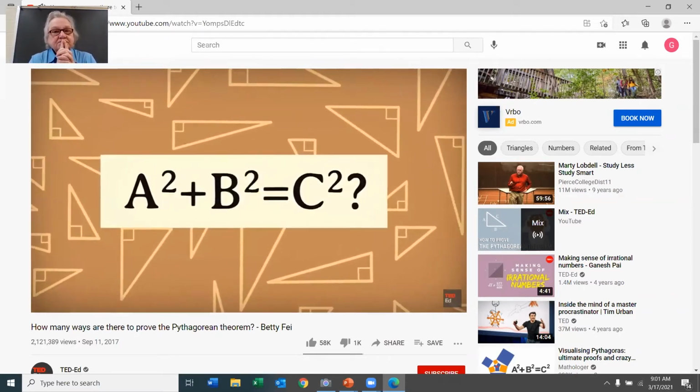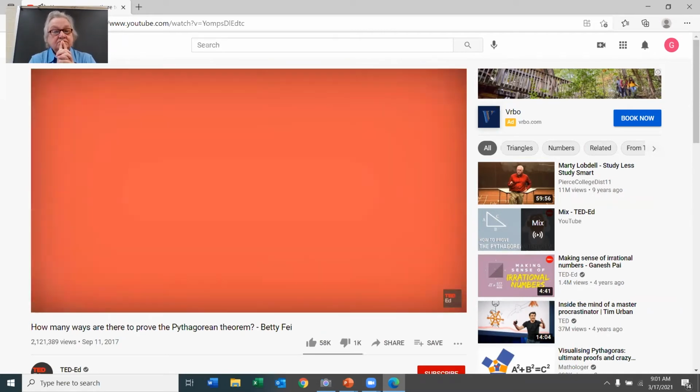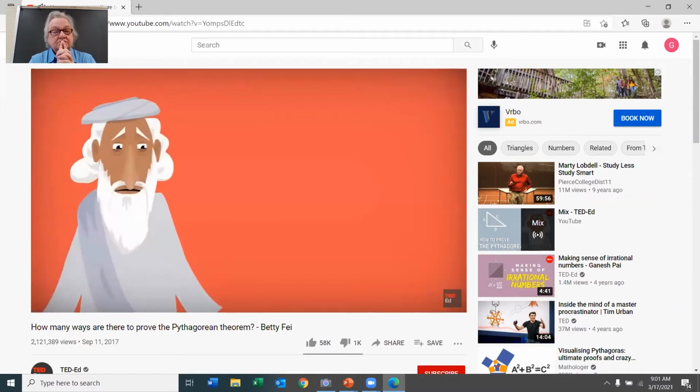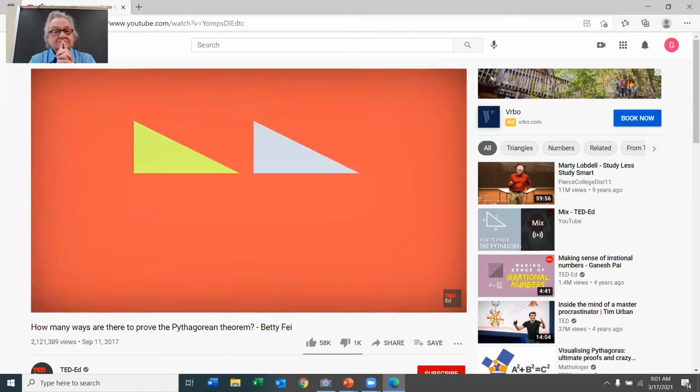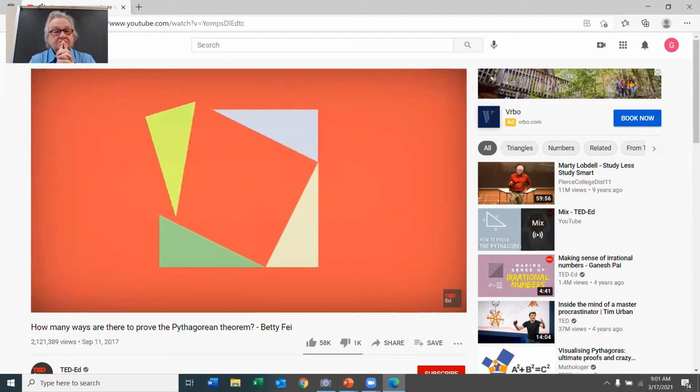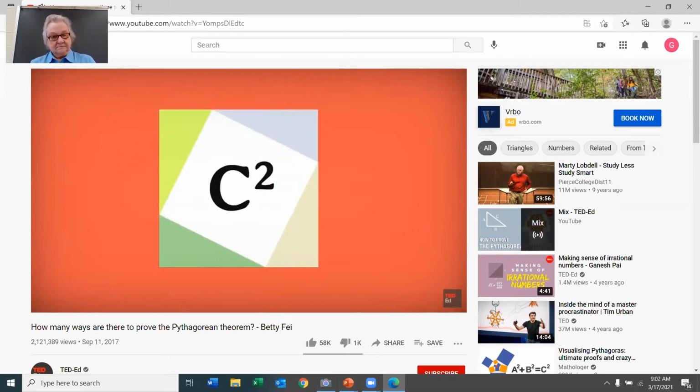Proofs use existing mathematical rules and logic to demonstrate that a theorem must hold true all the time. One classic proof, often attributed to Pythagoras himself, uses a strategy called proof by rearrangement. Take 4 identical right triangles with side lengths A and B and hypotenuse length C. Arrange them so that their hypotenuses form a tilted square. The area of that square is C squared.